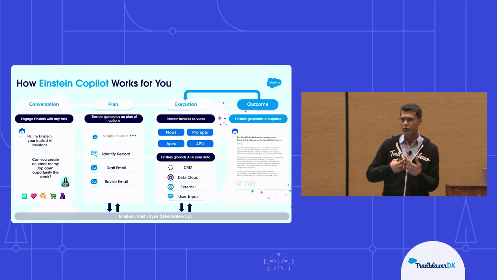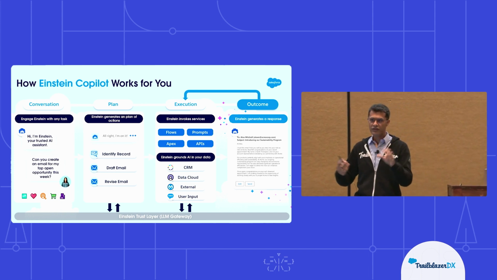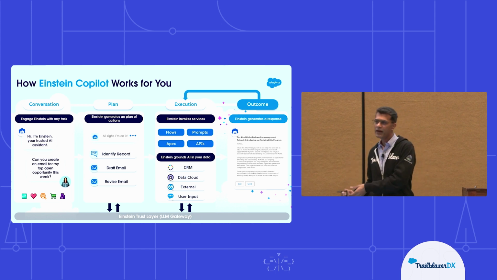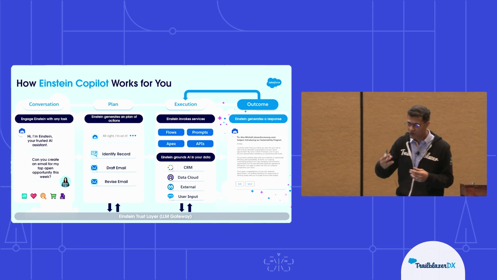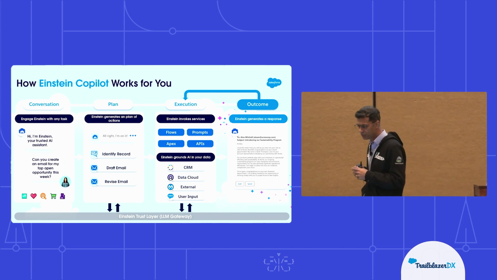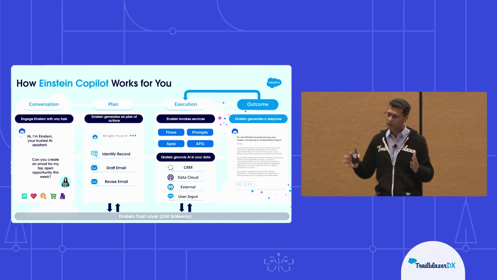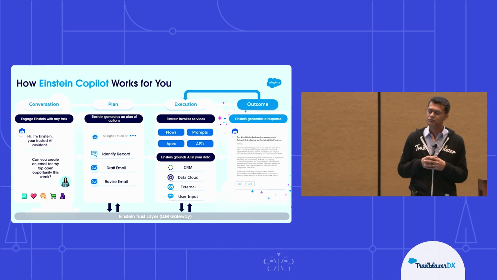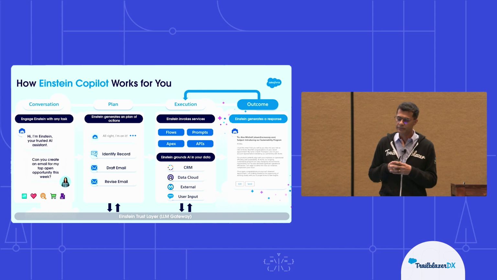LLMs do what they do best. They look at all of this, create a very contextual and conversational response. We take it back, show it to you in the conversational interface where the interaction started. And remember, all of this is happening within the trust boundaries that are enforced through our trust layer.